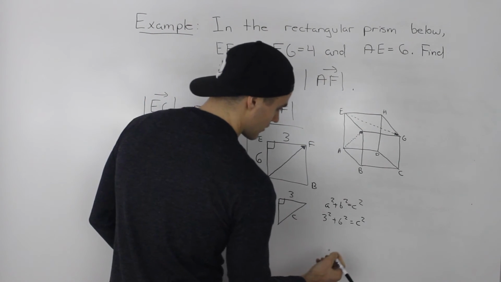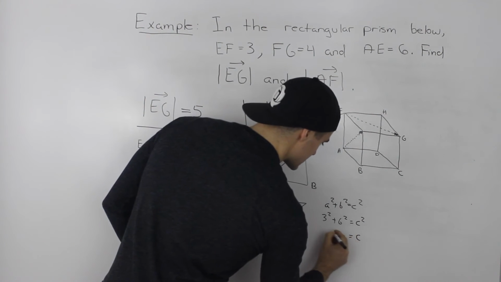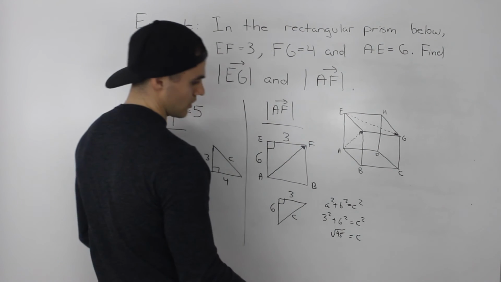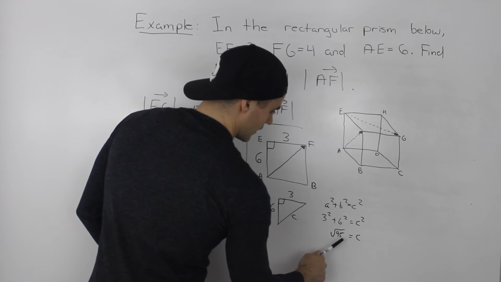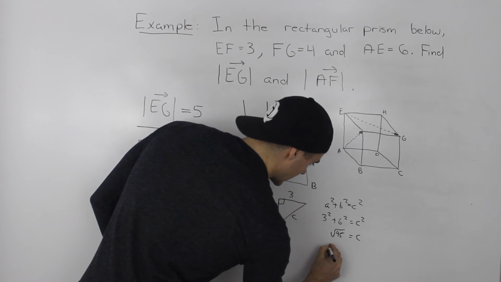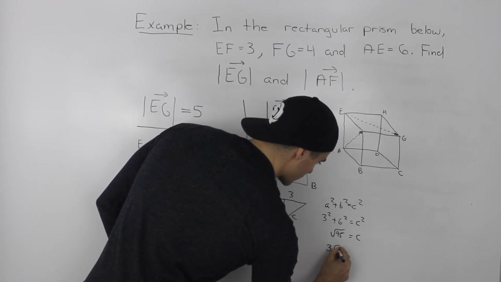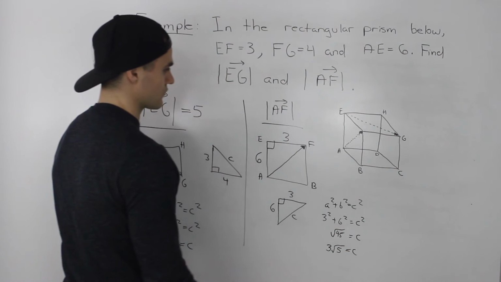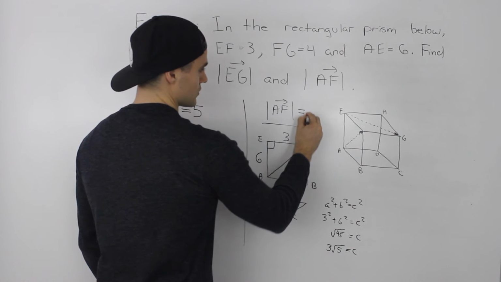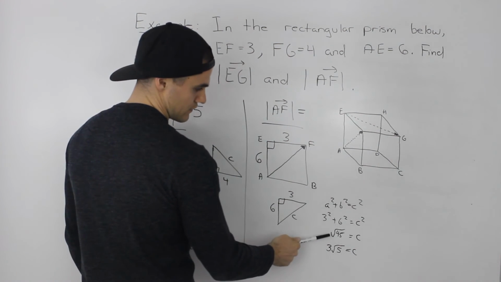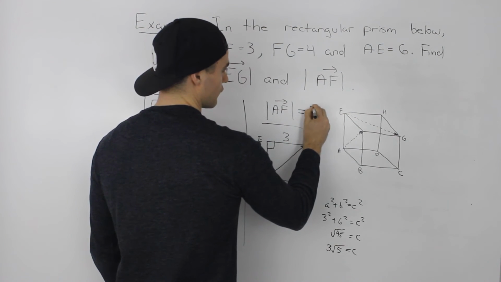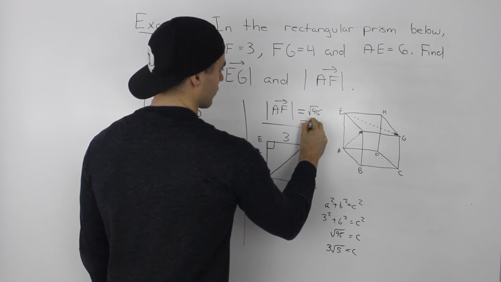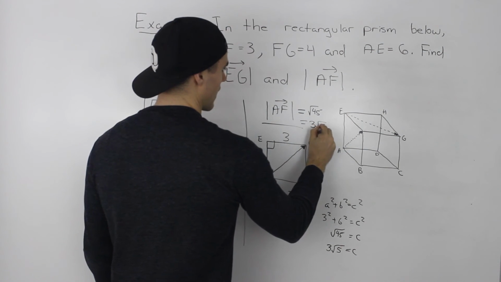So them added together, we would get c is equal to the square root of 45. And we can also simplify this radical, so we'd have 3 root 5. That's the same as the square root of 45. So the magnitude of this vector AF is the square root of 45, or if we simplify the radical, 3 root 5.